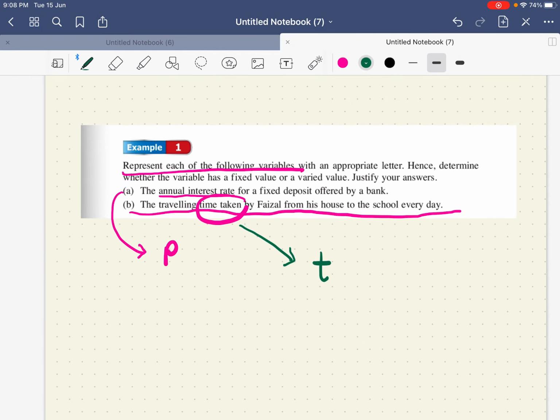Contoh yang pertama, the mass of each student in your class. Okay, you tahu tak berapa berat jisim setiap ahli kelas awak? You tak tahu kan? So tak tahu, kita boleh cakap dia adalah contoh Q kilogram.